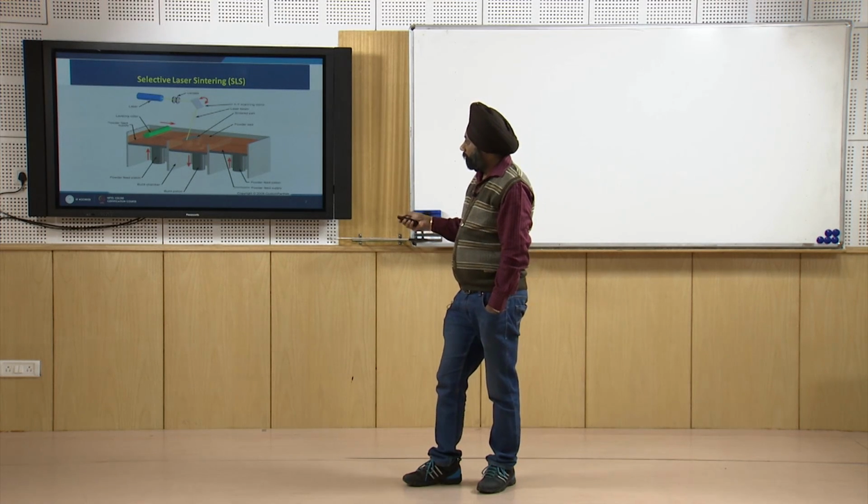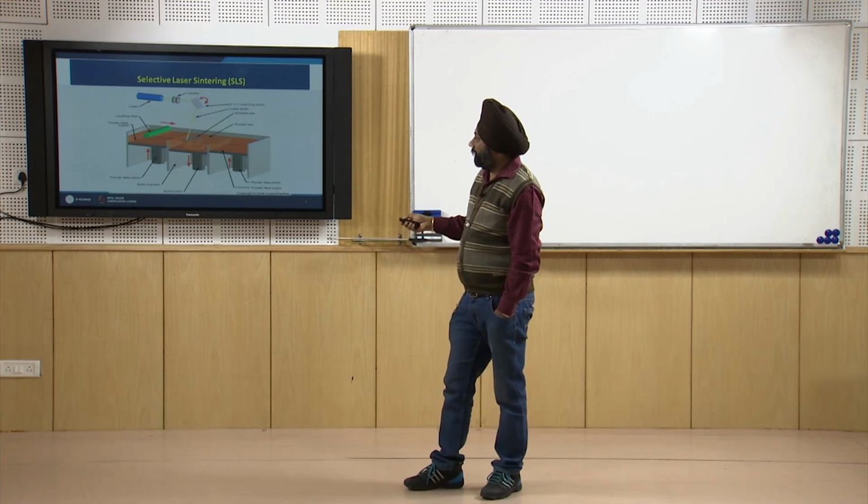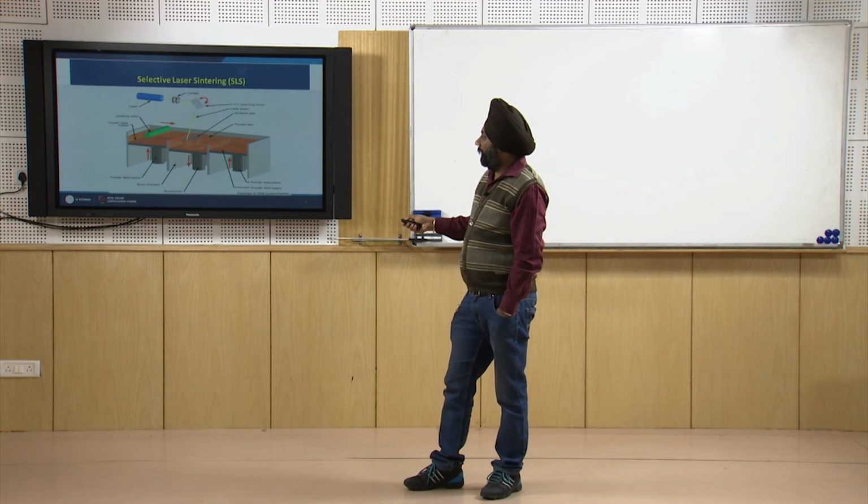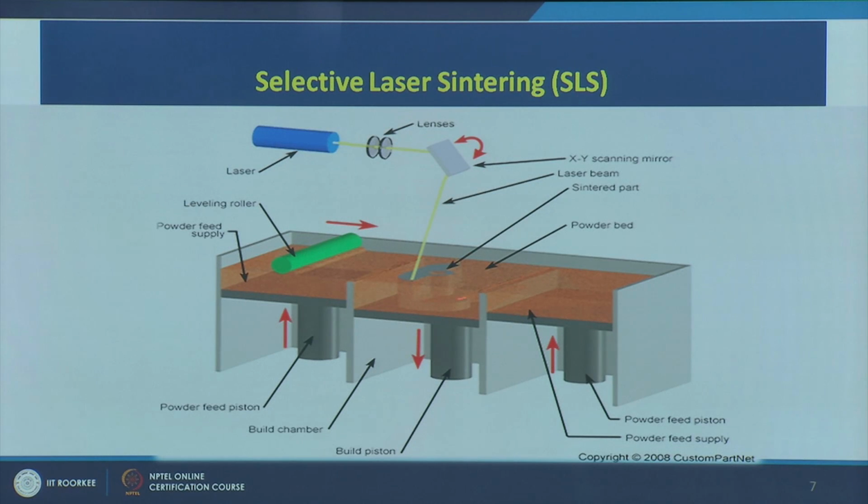From both sides powder can be fed, because when the powder is coming from one side, the roller can feed the powder onto the build table, and then the roller will come in this direction. In the second cycle again the powder will come from here and the roller can move from right hand side to left hand side, again feed the powdered material here and then take a position on the left hand side. So this two-way powder feeding mechanism can be done, but otherwise the process mechanism more or less is the same.